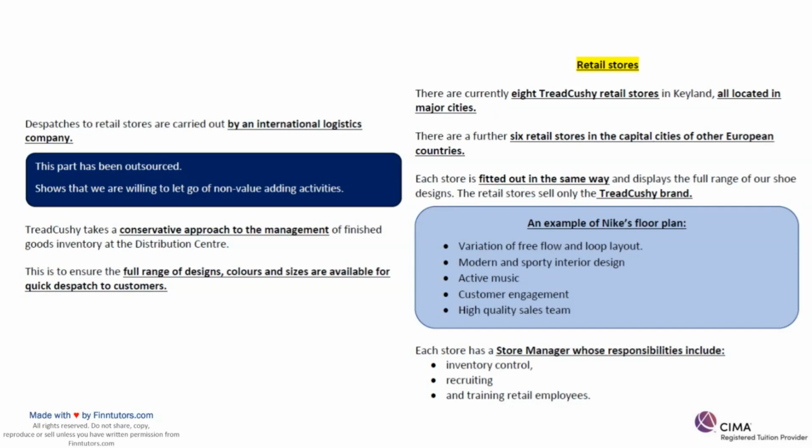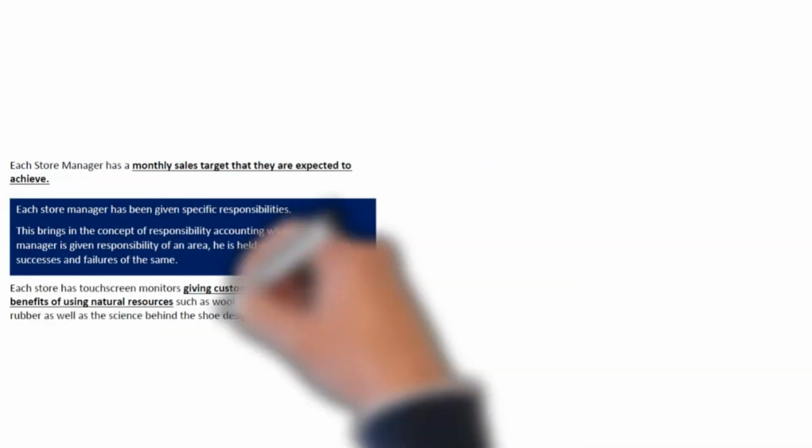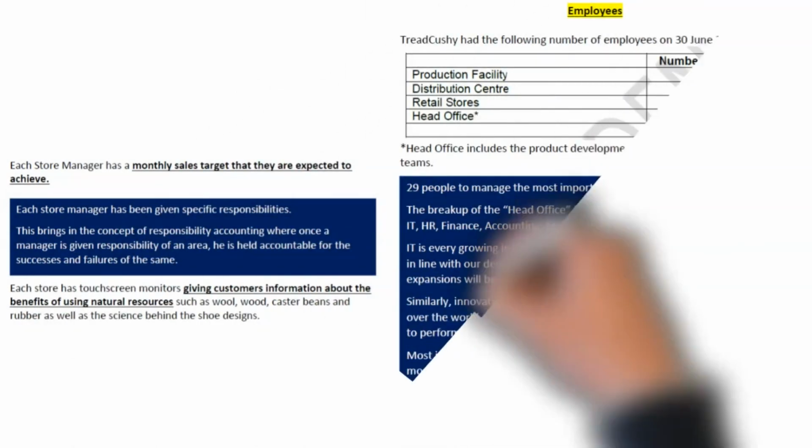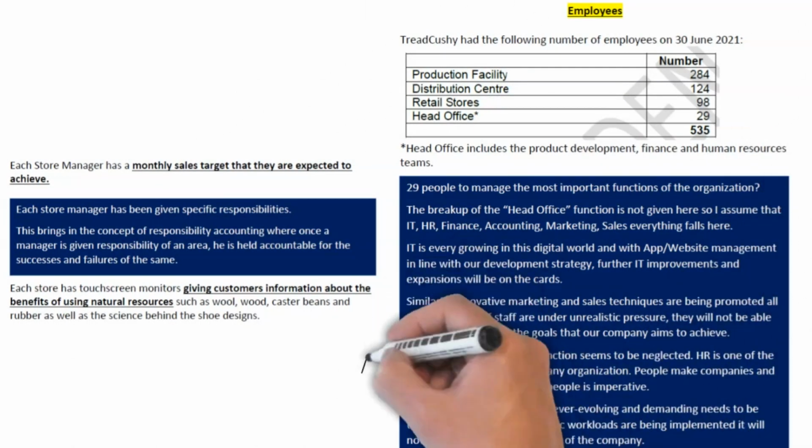Each store has a store manager who has responsibilities of inventory control, recruiting, and training the retail employees. So we are delegating responsibilities at the lower level as well, which is good and important for employee empowerment and better control. Each of these store managers has been given a monthly target that they are expected to achieve.